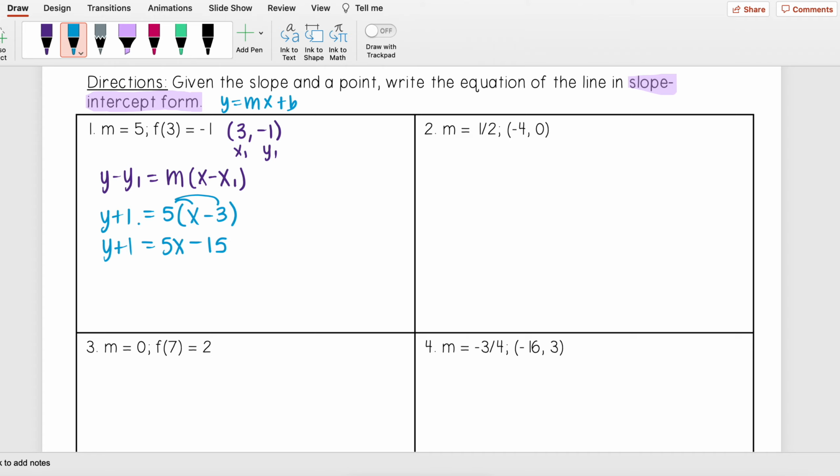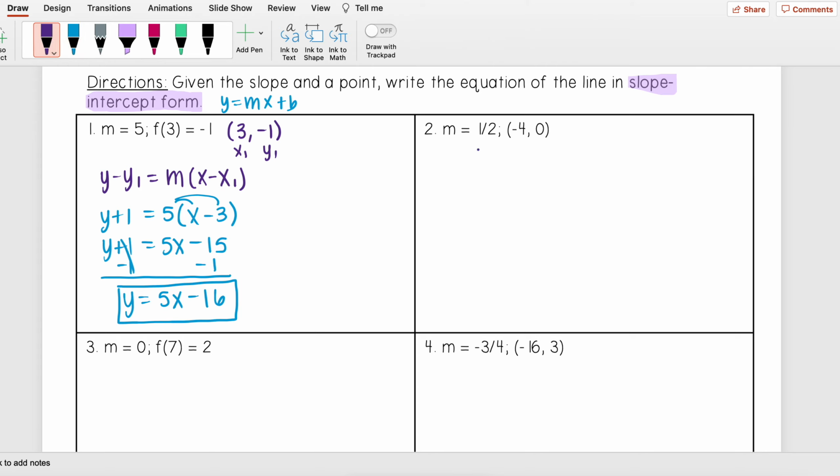And now to get the y by itself, I'm just going to subtract 1 from both sides. And so I get that y is equal to 5x minus 16. So I first put it in point-slope form, and then I just simplify this and solve for y to get y equals 5x minus 16.